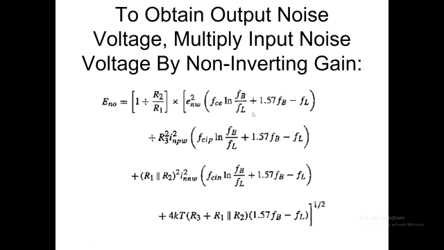This is where we get back to the expression that we had before that groups things together for a white noise band and the pink noise part with the parameterization of a corner frequency and a white noise level.